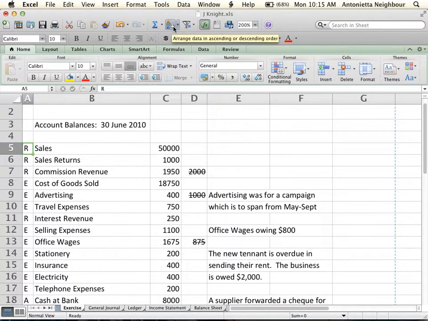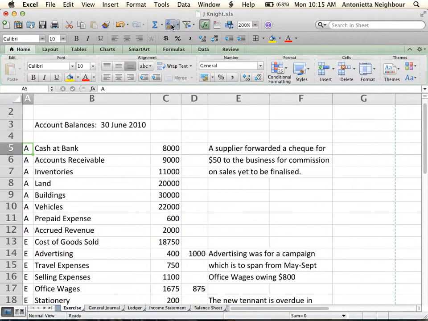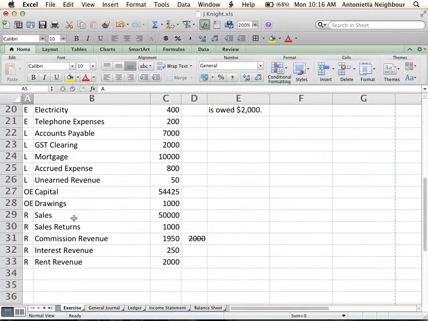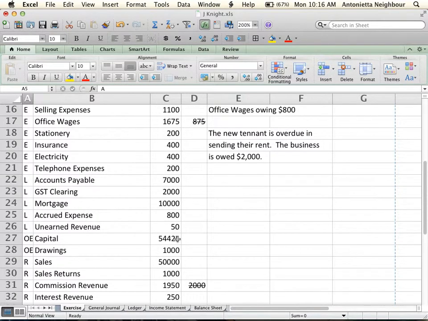We can arrange our data in ascending or descending order, but just always check. Sales is 50,000. So we need to check that it's actually moving everything across. If I reorganise it and hop down to sales, it's 50,000. So it is moving all my rows across, or rearranging them according to rows.